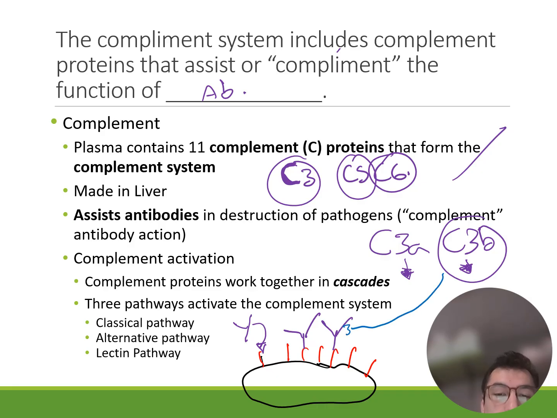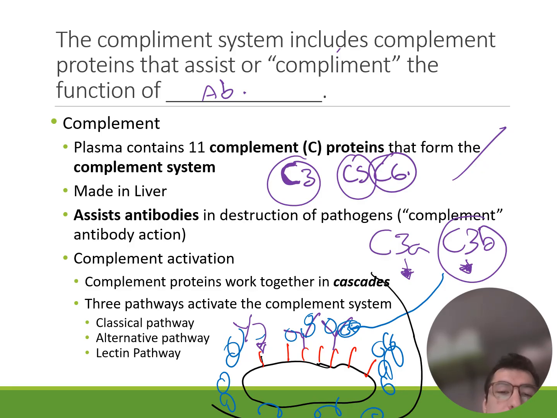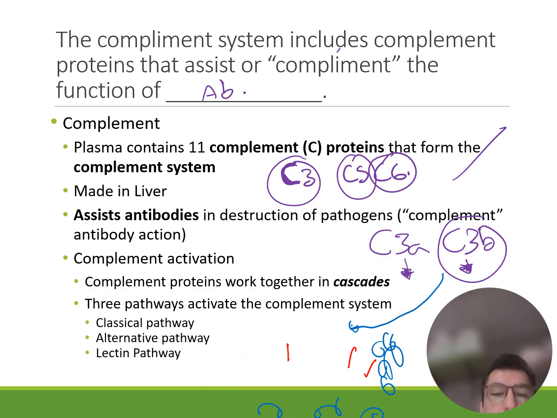So the C3b will bind here, here, here, here, and it will cause a fixation of proteins that will make it easier so that when the macrophage is about to engulf it, it knows, oh, this is the one that I need to eat. All right. So the C3b is coating that pathogen itself. C3a is helping more so with inflammation. Each one of these is creating a cascade reaction.